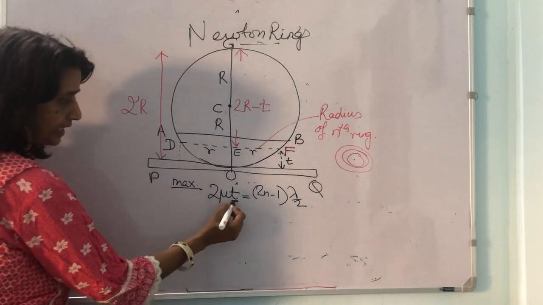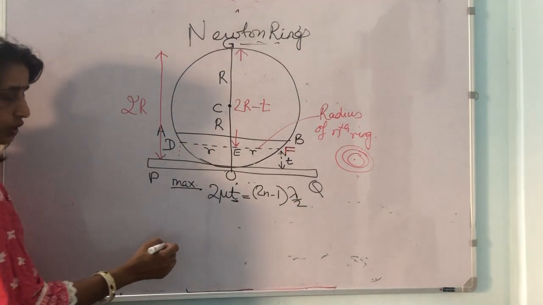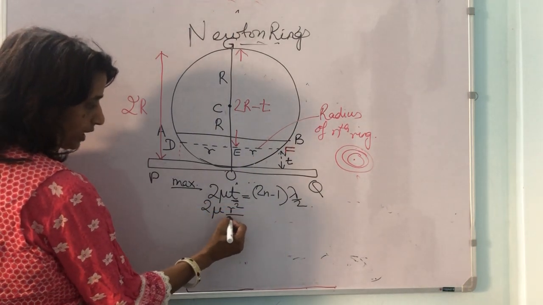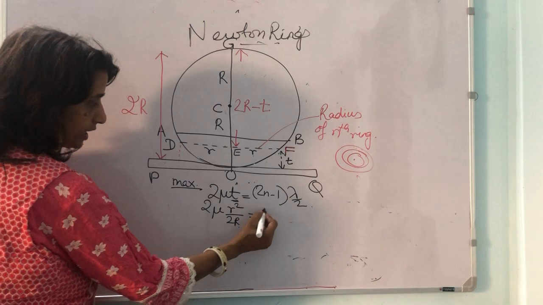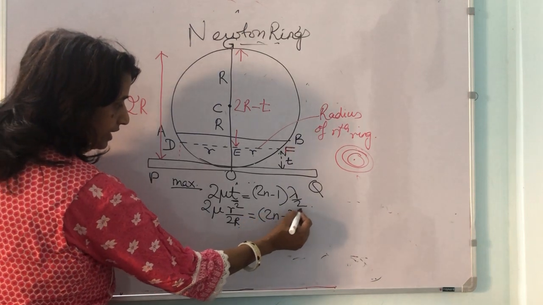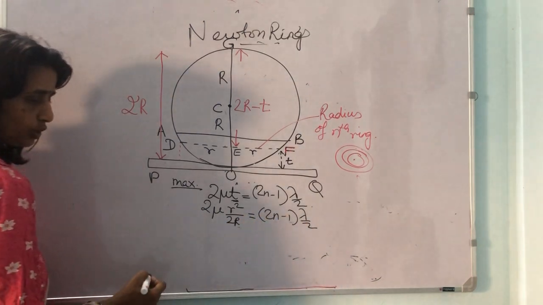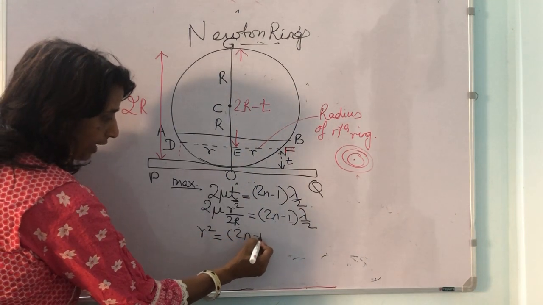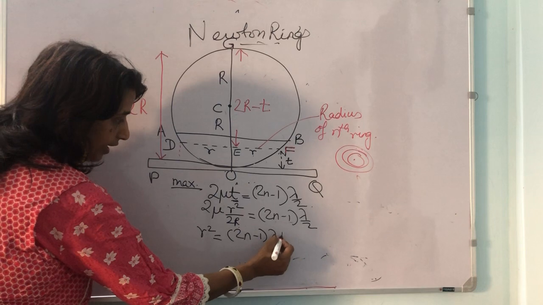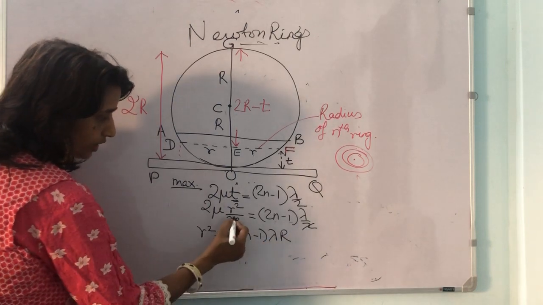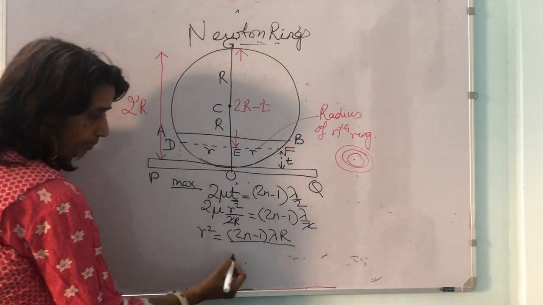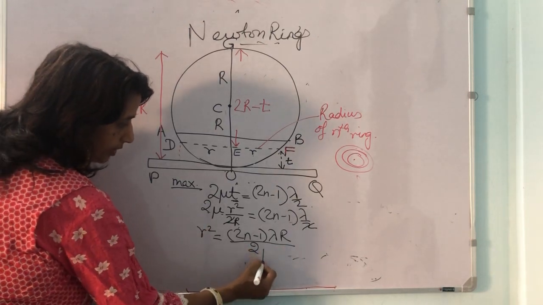So putting T, which we have just derived as r square upon 2R, 2 mu r square upon 2R is equal to (2n minus 1) lambda by 2. So r square becomes equal to (2n minus 1) lambda R. This 2 and this 2 have cancelled, and R I have taken above, divided by the 2 mu that has come down.